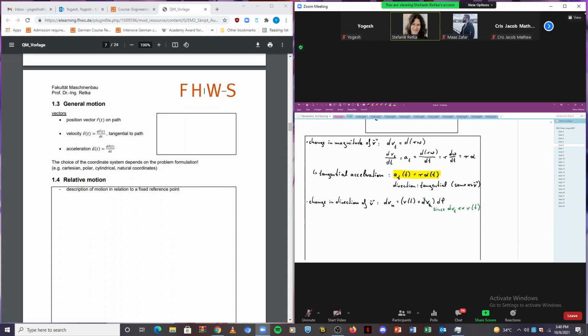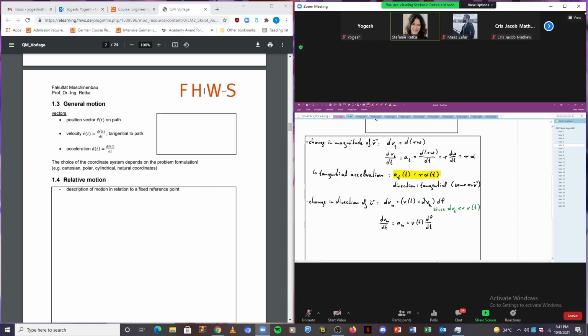Now we do the same as above. We build the time derivative. dvn over dt, which corresponds to our normal acceleration, is the velocity itself, and then d phi dt.